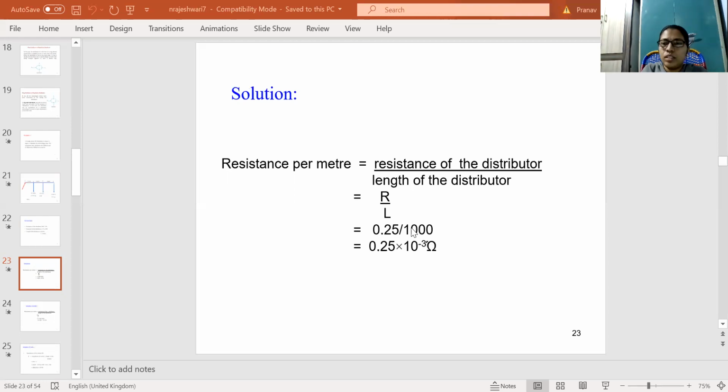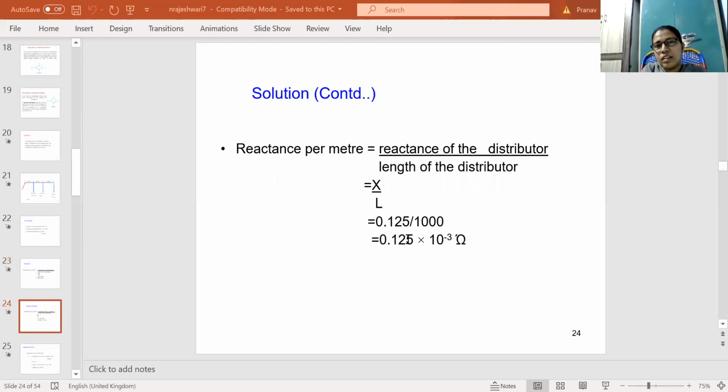Then coming to the reactance, reactance per meter is equal to the reactance of the distributor per unit length, X by L, which is 0.125 divided by 1000. So 0.125 into 10 to the power of minus 3 ohms.